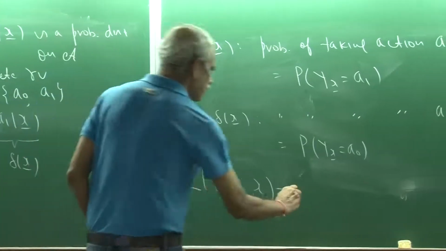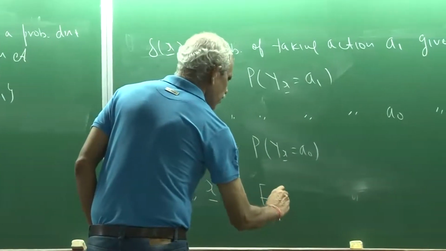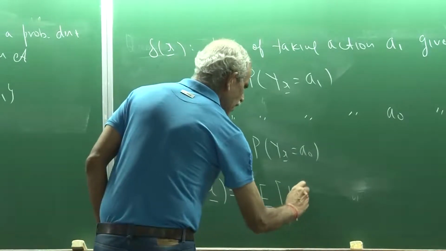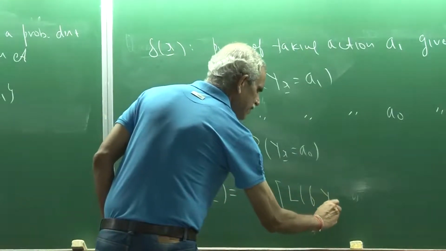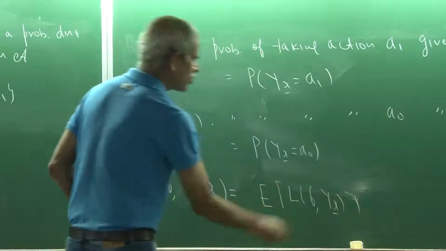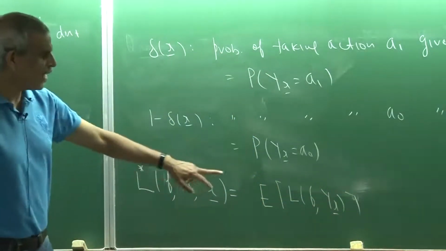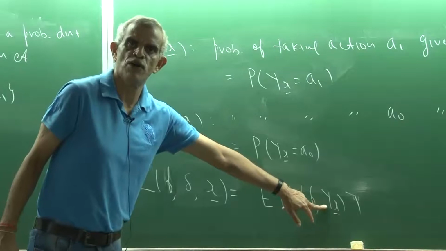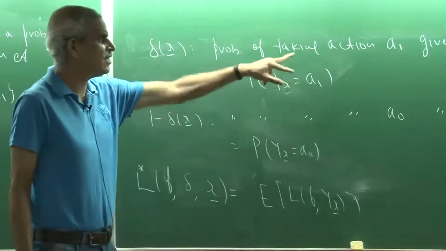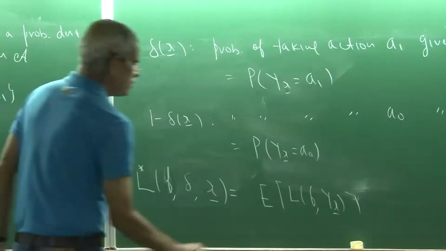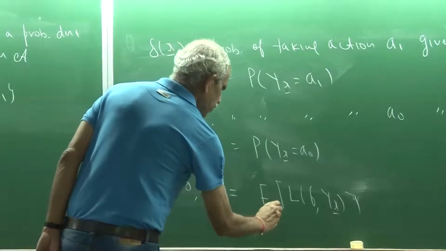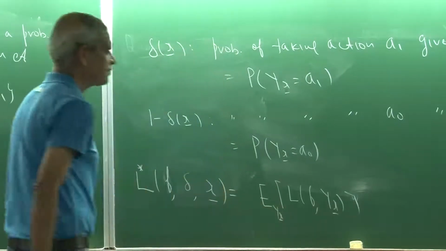I know that this is nothing but the expected value of L f yx, because after I have observed x, my xn depends on what is the observed value of yx. Yx is either a0 or a1. So this is with respect to the distribution of yx.